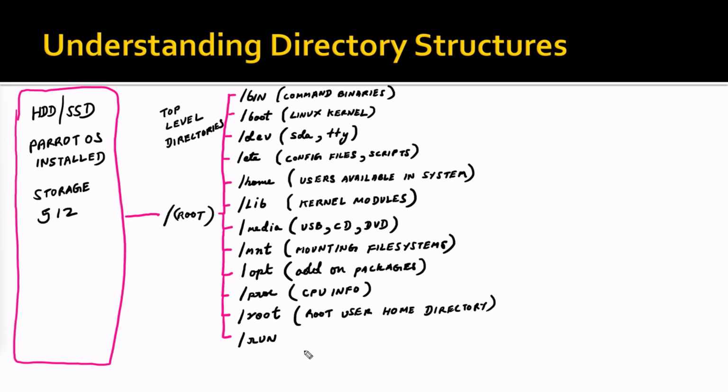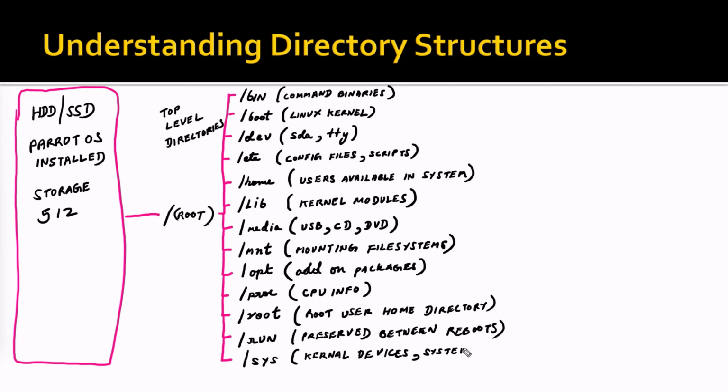/run contains runtime data and information that are meant to be preserved between reboots. This includes data about system services and user sessions. We have got /sys, a virtual file system providing information and control over kernel devices and other system hardware.